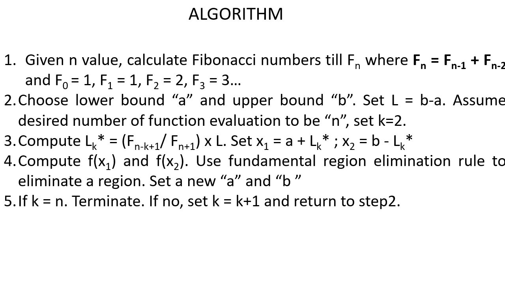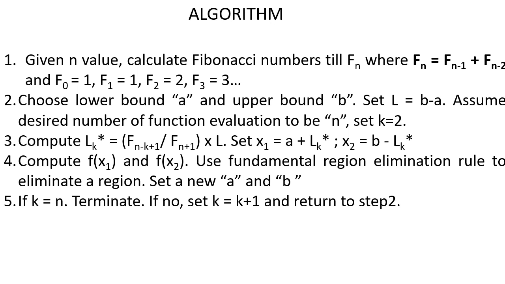We are given a lower bound a and an upper bound b, and we set L is equal to b minus a, and we set the desired number of function evaluations to be n, and we set k is equal to 2 initially.